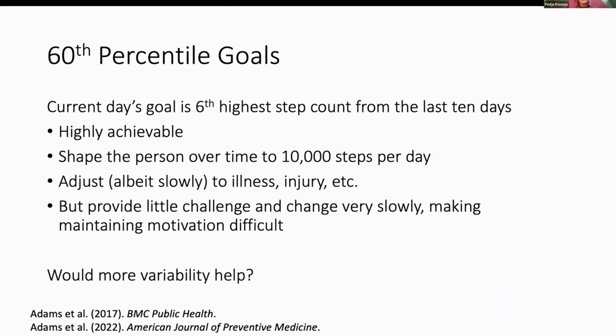Basically he found that if you track people's activity, take the last 10 days of their step data, and then for the 11th day pick the 6th highest step count, you will end up with a really gentle curve of slowly increasing step goals that will shape a person up to 10,000 steps a day, right? And so the adjustment here happens pretty slowly, right?